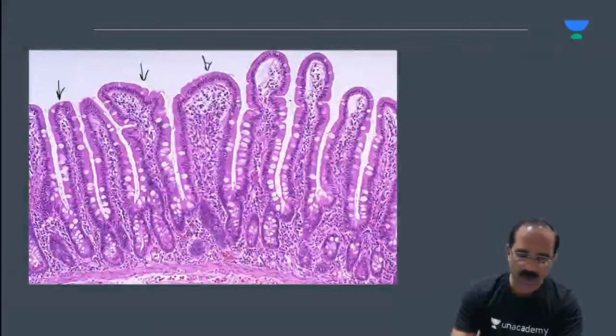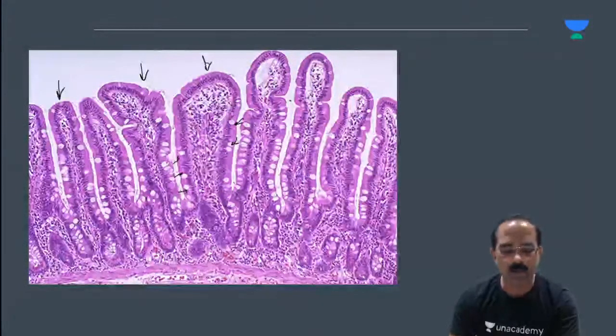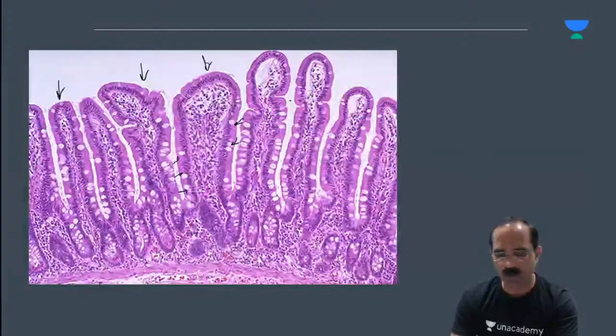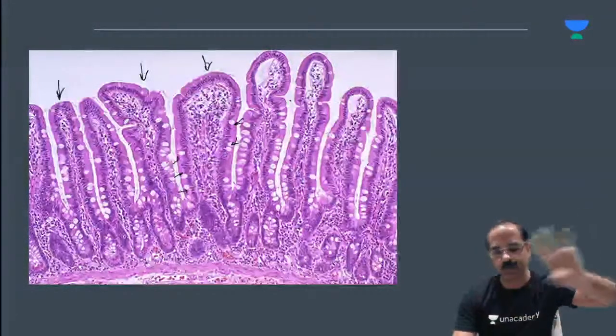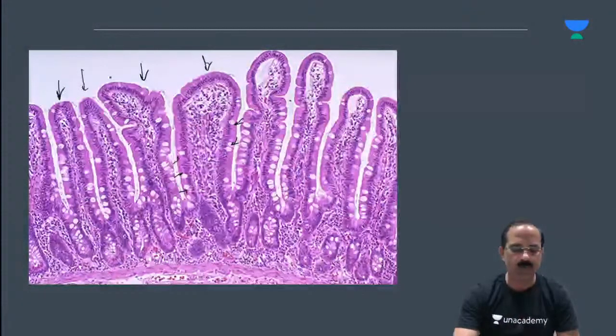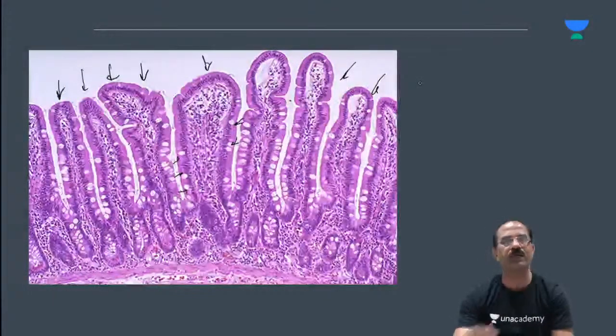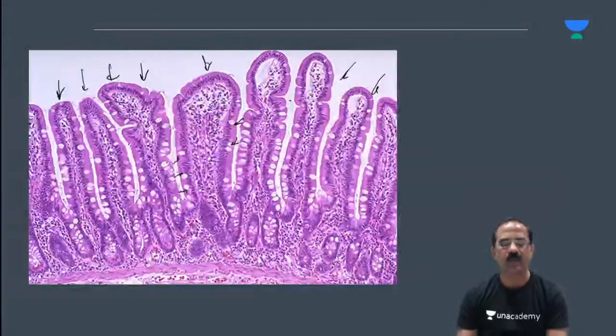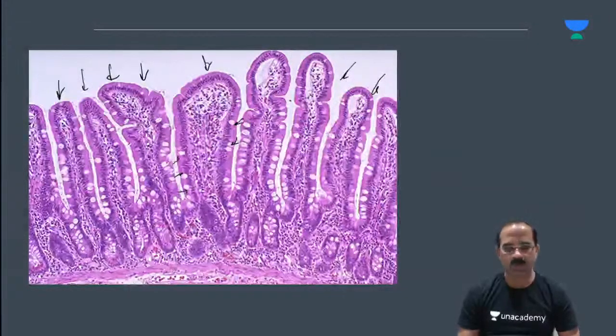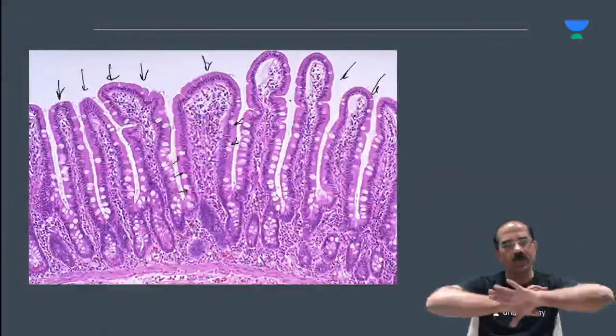These are villus. And what are these empty cells inside the villus? These are the goblet cells. This is not colon. In colon you'll be getting plenty of goblet cells. You don't see finger-like projections like this in colon. These are villus. Colon, I don't have the slide, but in colon you'll be getting all empty cells.